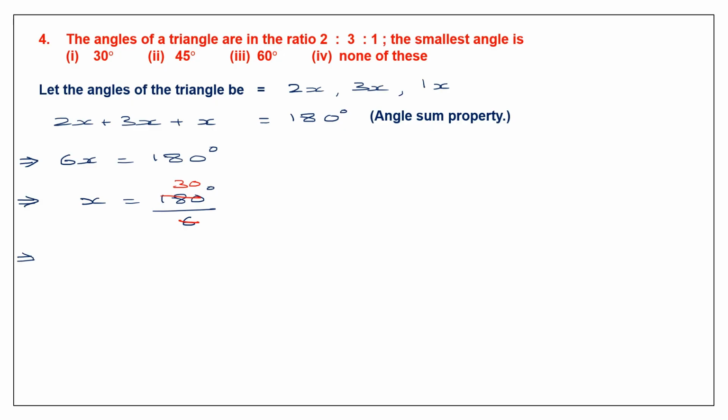So we have found the value of x. X is equal to 30 degrees. And here, as we know, the smallest angle is x. So the smallest angle's value is 30 degrees. So the smallest angle we can write is equal to 30 degrees. So this is our answer. And in the options given, option 1, 30, is our answer.